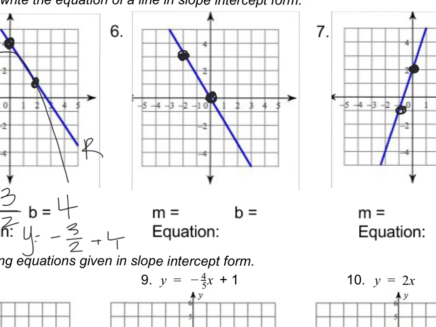And here on number 6, let's start with our y-intercept, where your line crosses the y-axis. It crosses the y-axis at 0. That's a nice looking 0. And then let's decide, is your slope negative or is your slope positive?